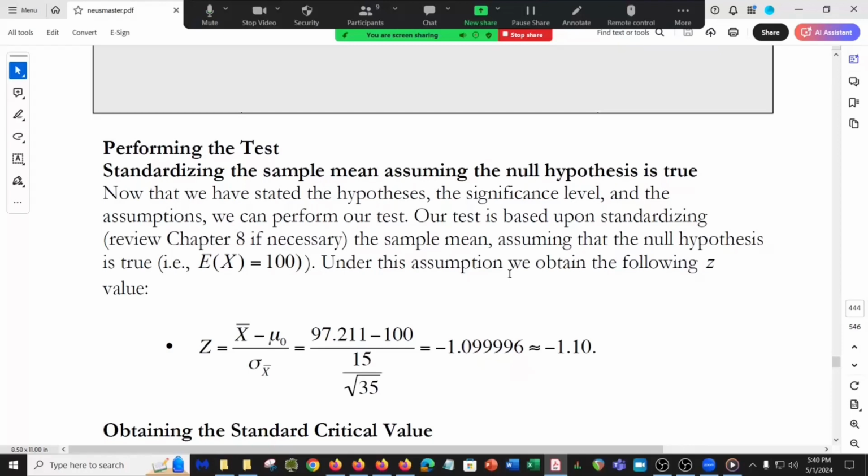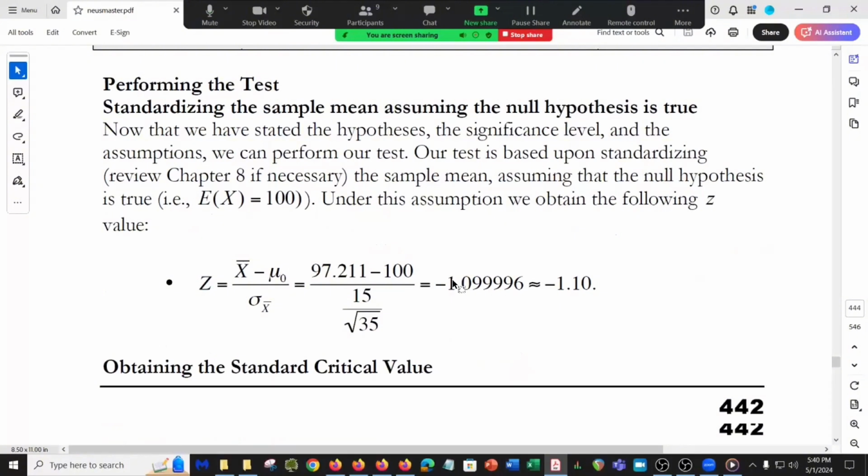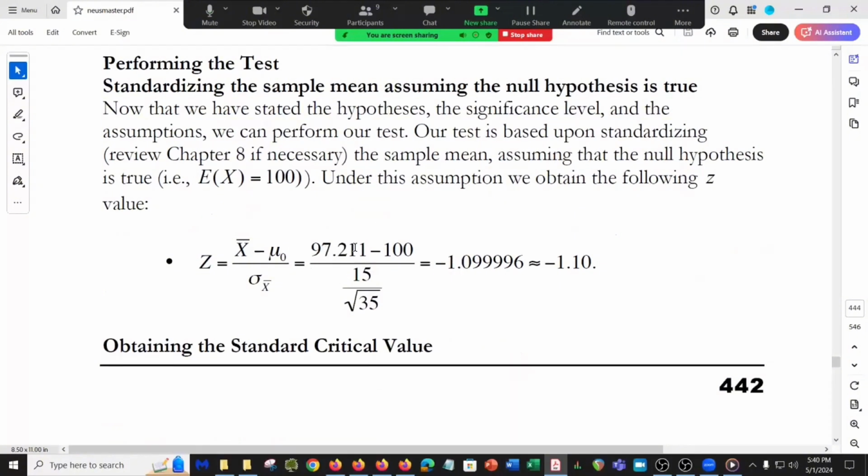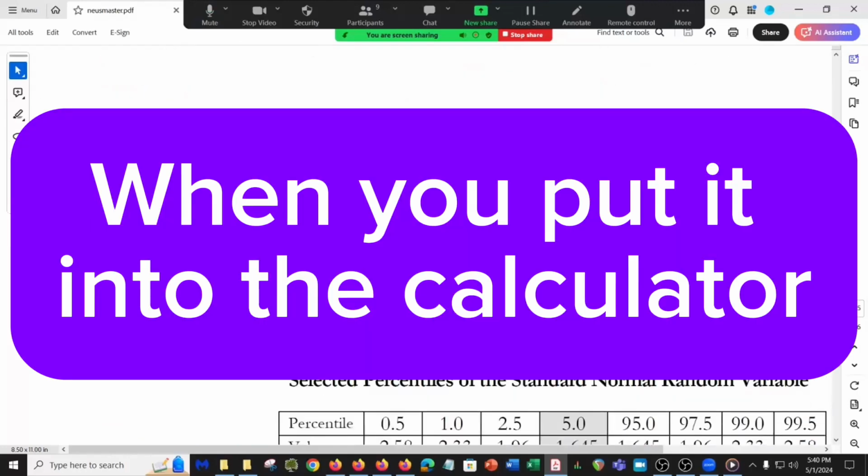That is, that the expected value, also known as the population mean, is 100, which it should be for IQ scores. Under this assumption, we take the observed mean, we subtract the hypothesized mean, and we divide by the standard error of the mean, which is the population standard deviation divided by the square root of the sample size. And we plug this into the calculator.